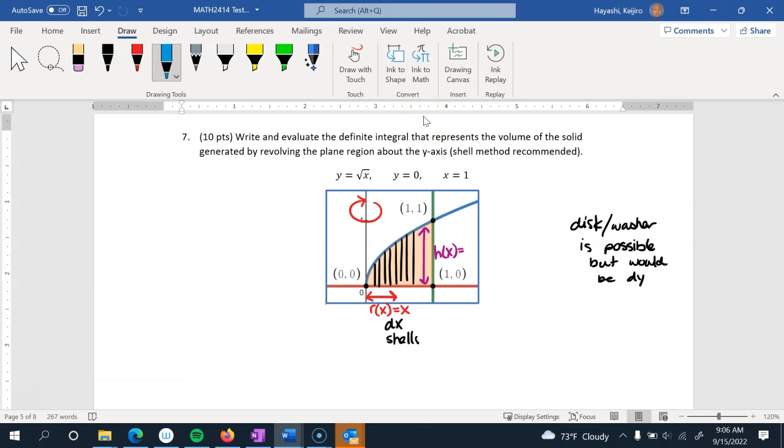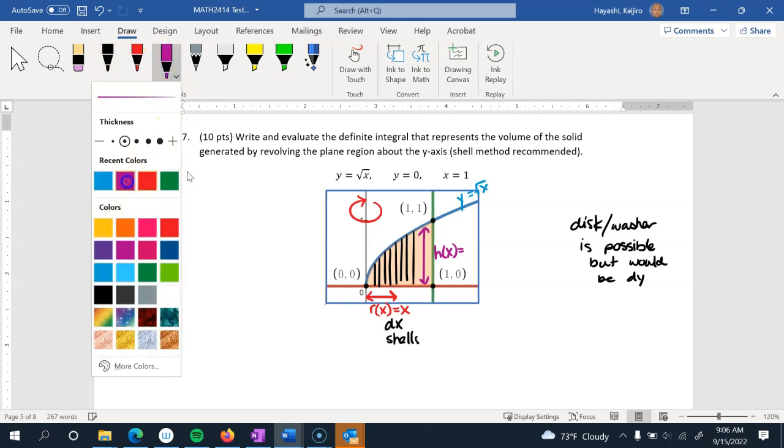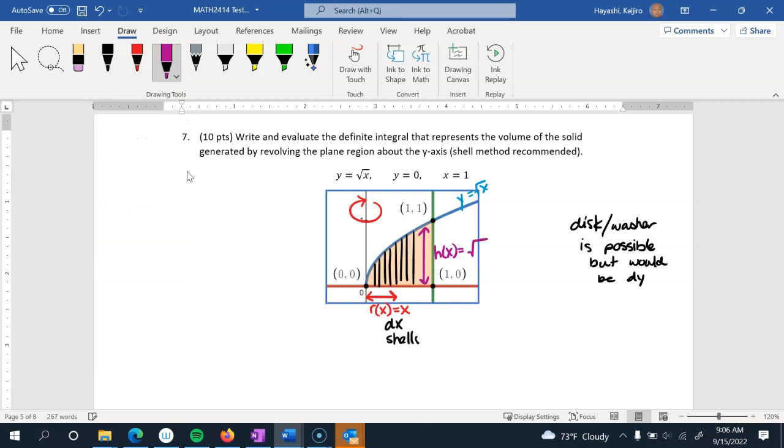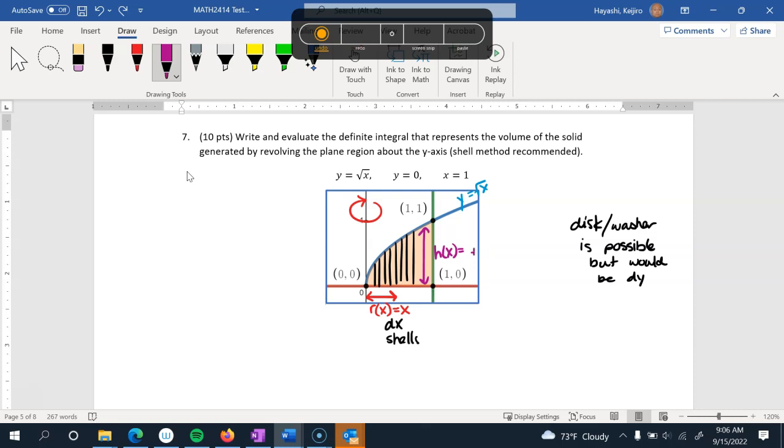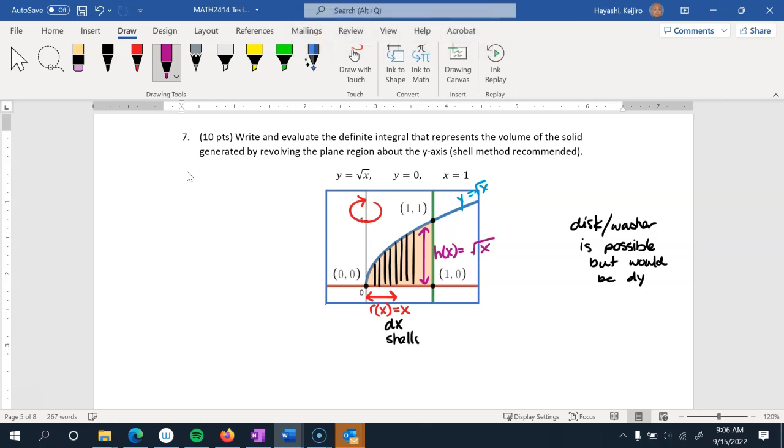The bottom curve is just y equals 0. The top curve is y equals the square root of x. So y equals the square root of x is the function that determines how high each shell is.